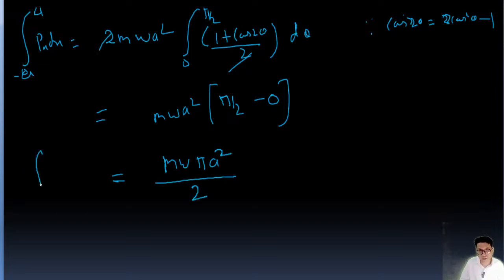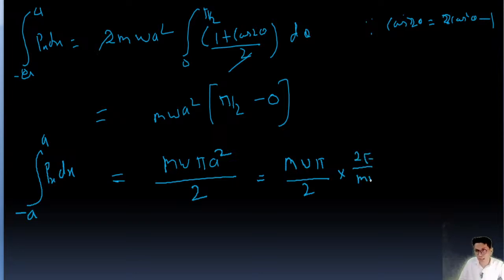Okay, this is the value of the integral from minus a to a of px dx. We will put the value of a as well. So m omega pi upon 2, and the value of a square is 2E upon m omega square.